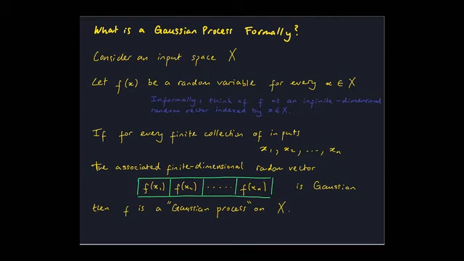Now we say that we have some input space x, which was our x-axis in the previous slide. And for every point in this input space, so for infinitely many points, we let f of x be a random variable.